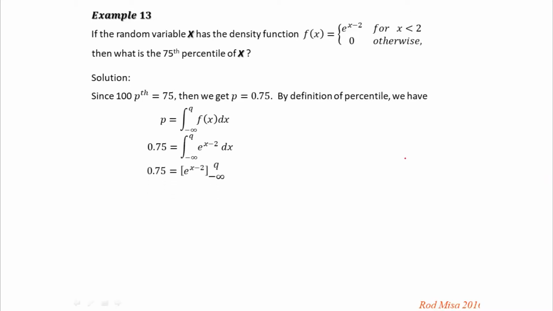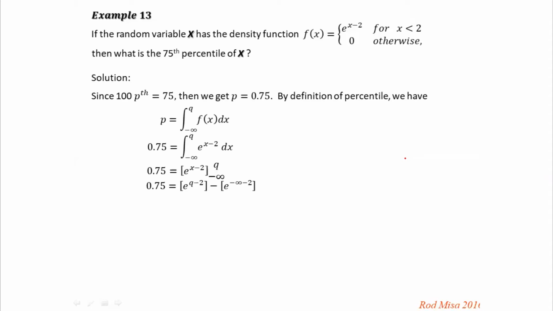Integrating e to the power x minus 2, we have e to the power x minus 2. Applying the fundamental theorem of calculus, we substitute the limits of integration: e to the power q minus 2, which is the result when you substitute the upper limit, minus e to the power negative infinity minus 2, which is the result when you substitute the lower limit of negative infinity.